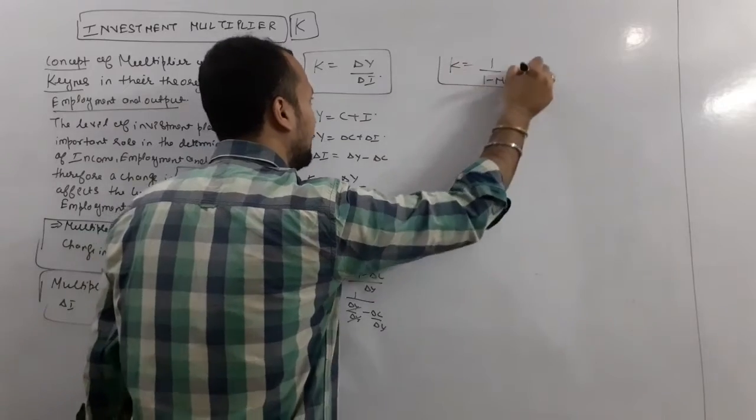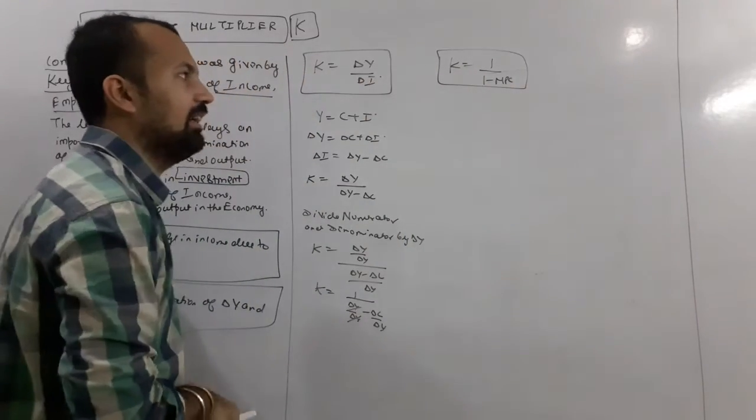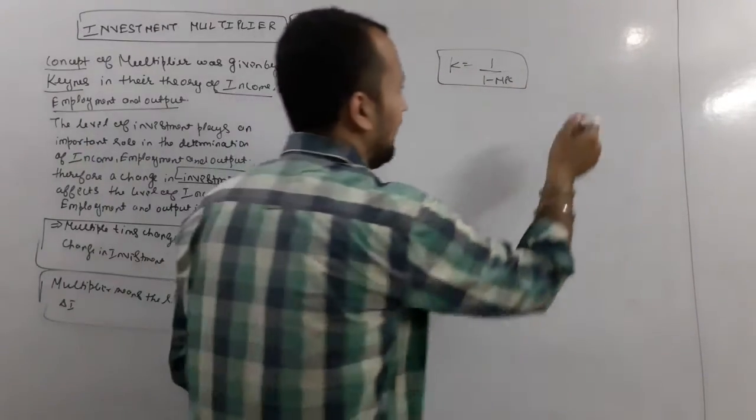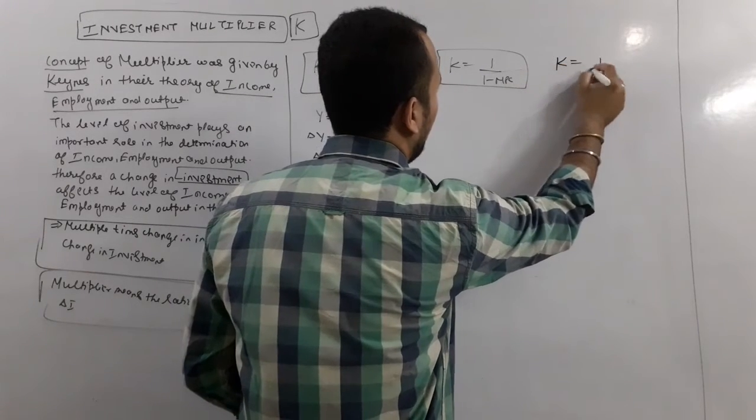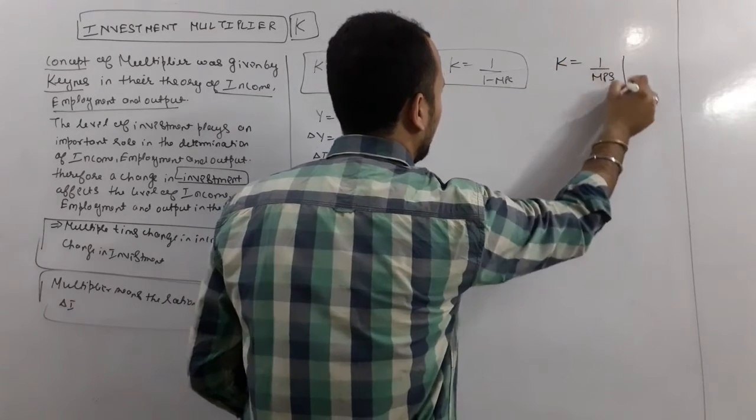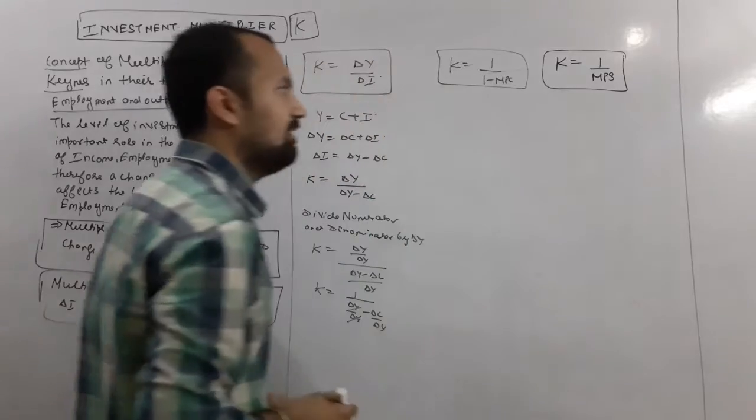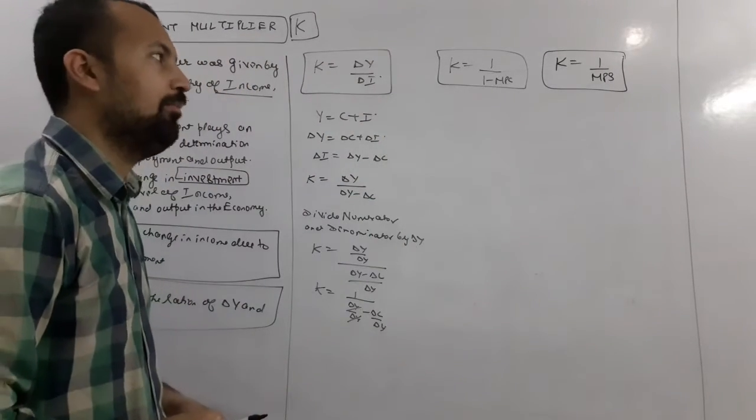So this is the new formula: K equals 1 upon 1 minus MPC, or K equals 1 upon MPS.